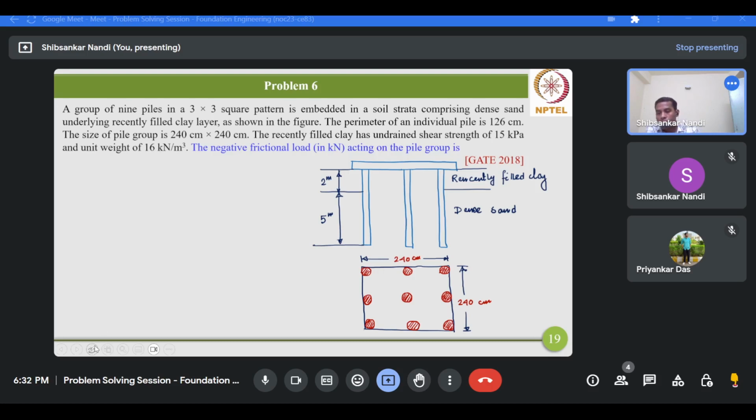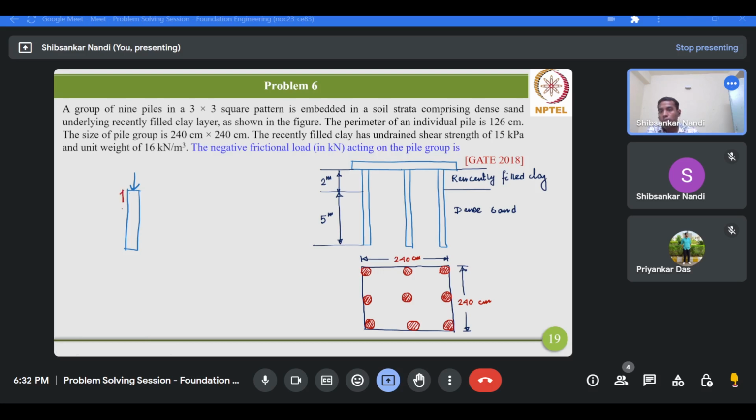Now, what is the load transfer mechanism? When a single pile is loaded vertically, the load is trying to compress the pile.